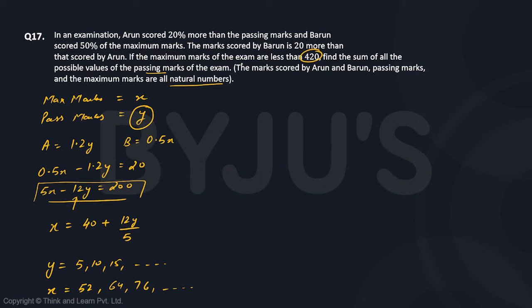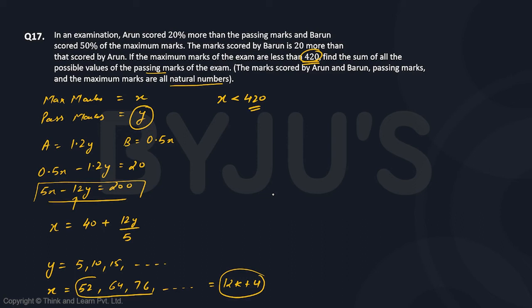Now, one of the conditions in the question says that the maximum marks are less than 420. That means the value of x should be less than 420. Now x is increasing by 12, so I can write x as a multiple of 12. If I generalize it, I can see that the multiple of 12 in 52 is 48, 48 plus 4 is 52. So I can write this value as 12k plus 4, or a multiple of 12 plus 4. Now a value of x in the form of a multiple of 12 plus 4 and less than 420.